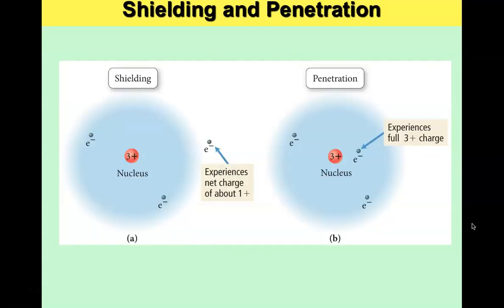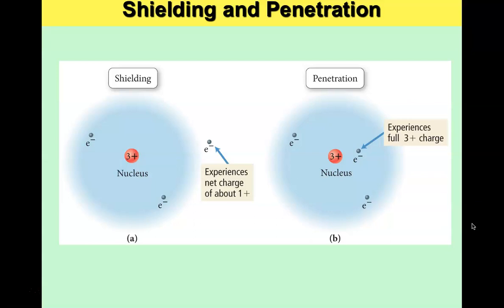All right, so looking at the left diagram, we can see that the nucleus has a 3 plus charge, and there are 3 electrons. The 2 electrons within the little blue shaded area are in a core electron energy level and orbital.